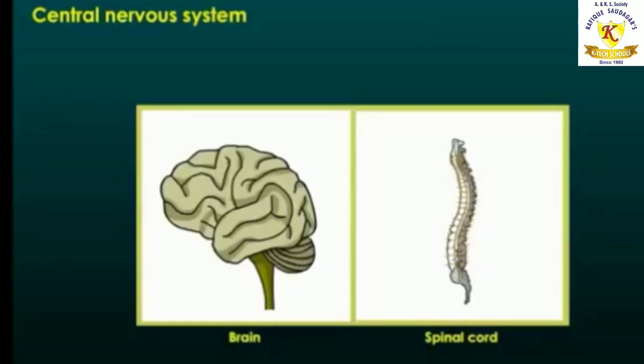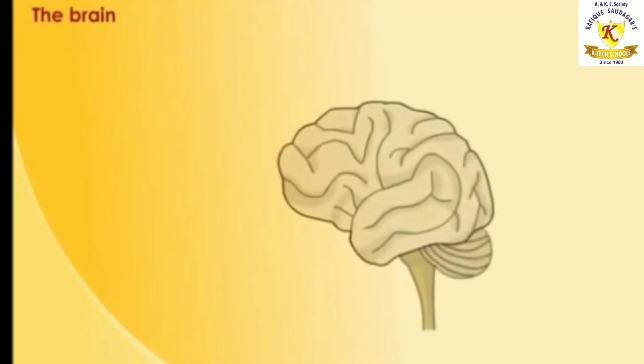Understood? Let's study the central nervous system first. Central nervous system consists of brain and spinal cord. The brain. Our brain controls the rest of our body.